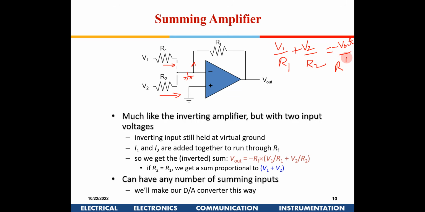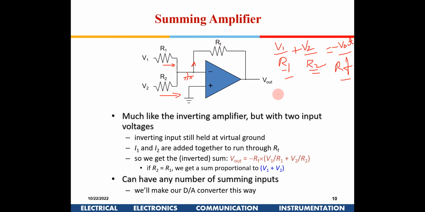So if I keep all these three resistances the same, then I will get V1 plus V2 is equal to minus V out. Because it is inverting, it adds these two signals, but it also inverts. But if I keep R1 and R2 the same and RF different, then I can get gain also.